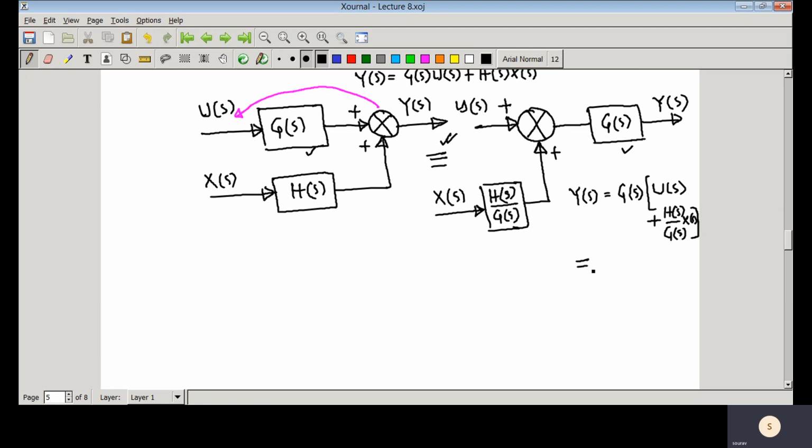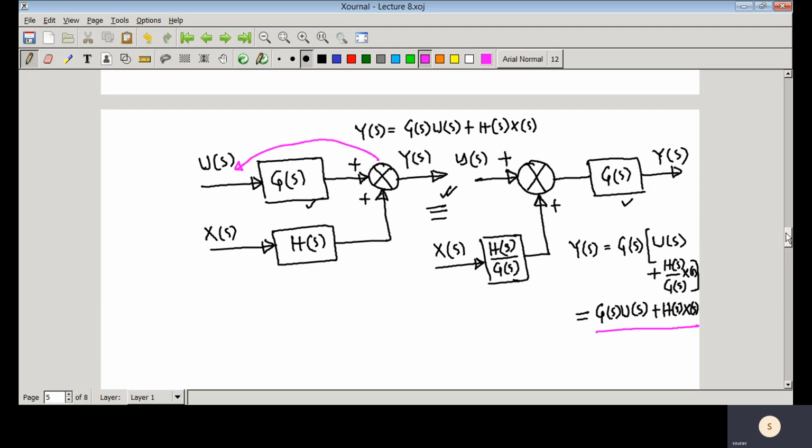So now if you multiply it, you have Gs Us plus Gs will be cancelled out here. So that means it is Hs into Xs. So then you can see from here that this particular expression and this expression are the same.